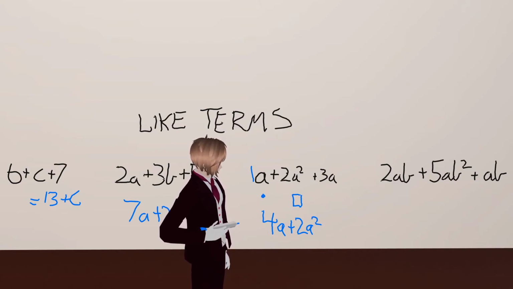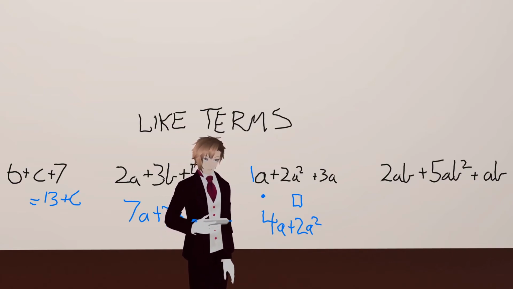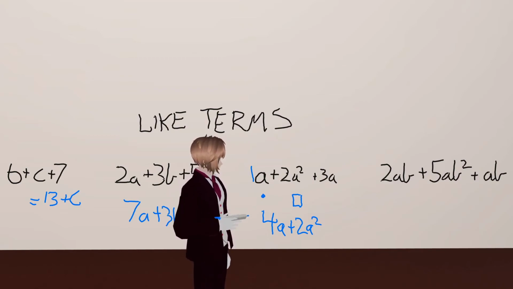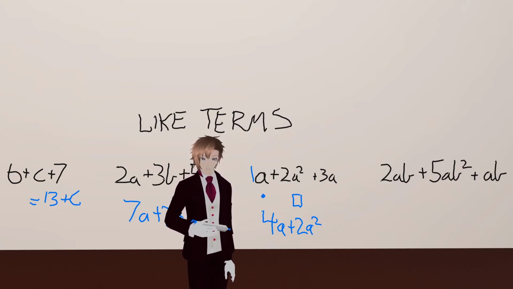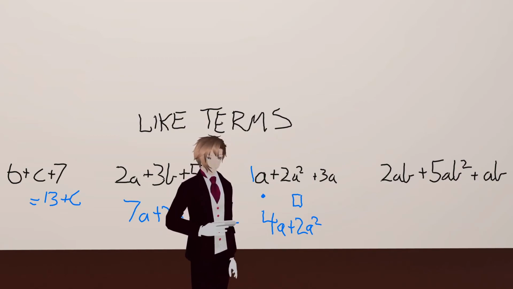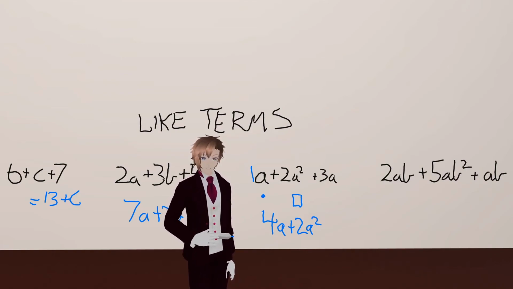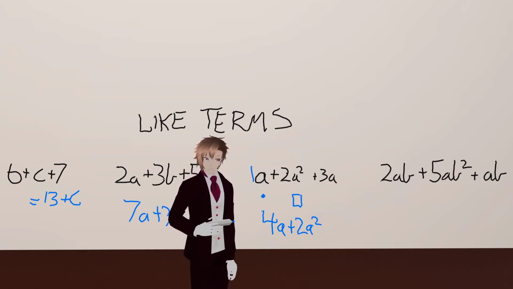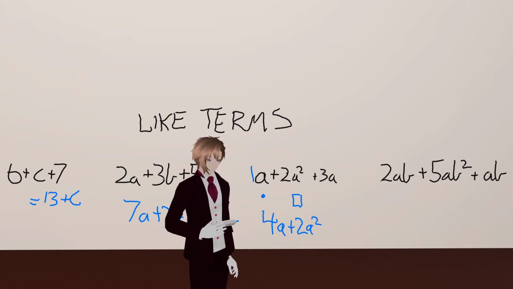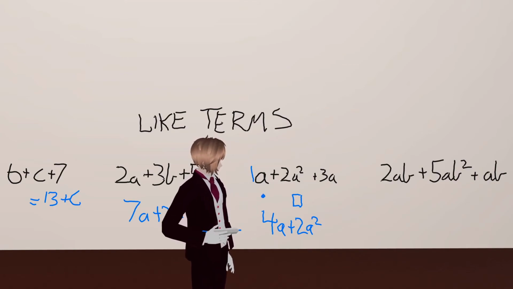Our last one. We have 2ab plus 5ab squared plus ab. So which two terms did I say the same thing? Well, I said ab and ab. So we're going to add those two together, and then we're going to write what's left over.